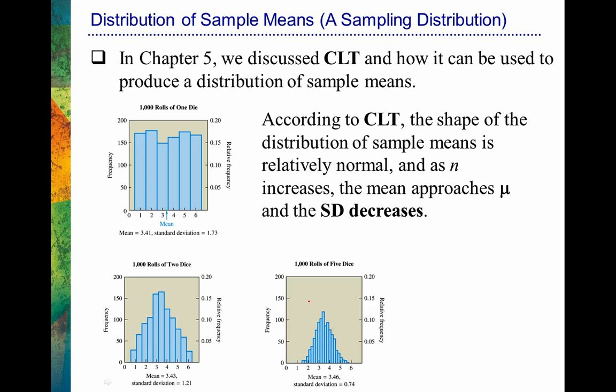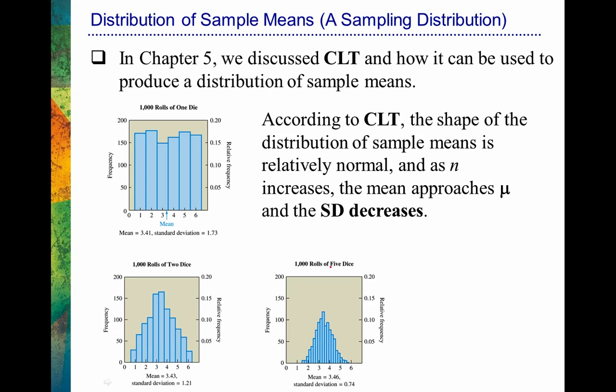So our sample size increased, our mean of this distribution became closer to the true mean, and the standard deviation decreased. And when we say that the standard deviation decreased, what we're showing is when we roll those 5 dice and we compute a mean, that mean that we compute is starting to come closer and closer to that true mean every time. So there's less variability from one sample mean to the next.